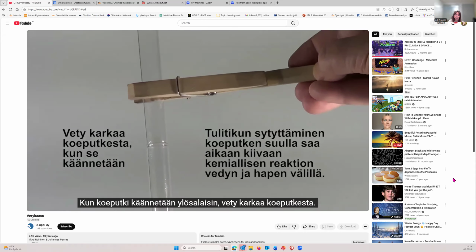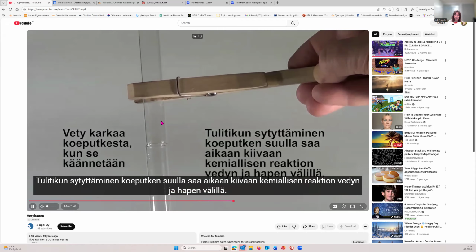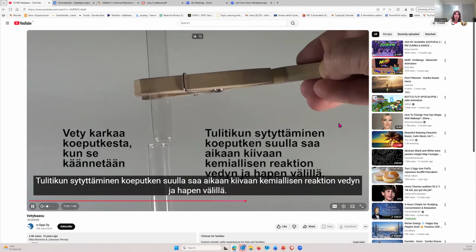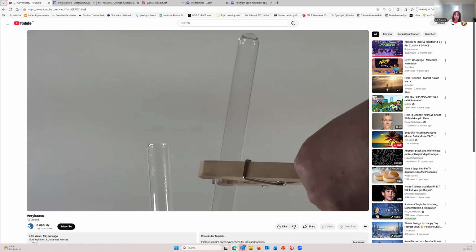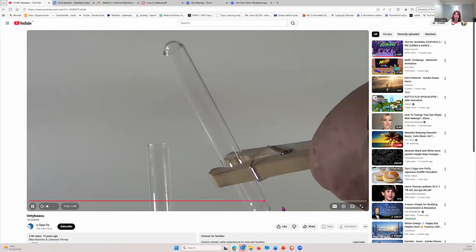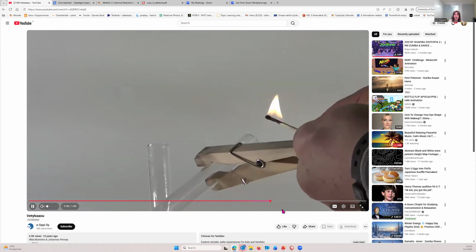And now when you turn this tube upside down, the hydrogen gas tries to escape again from there because it's lighter than air.